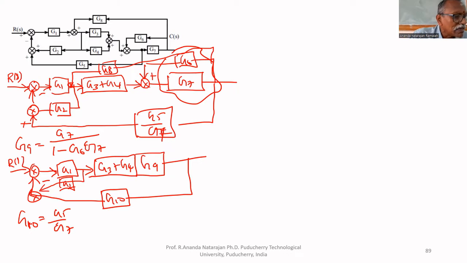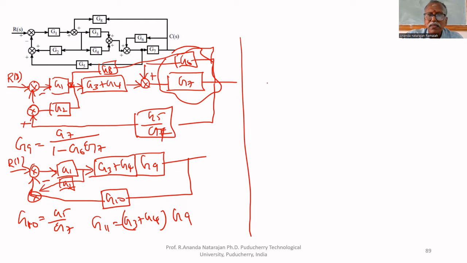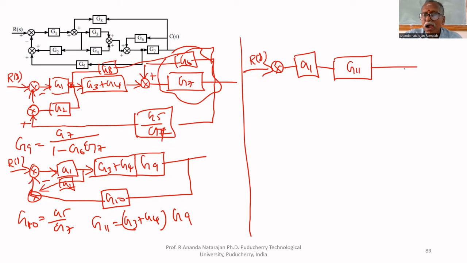This together, G3 plus G4 multiplied by G9, can be called G11. G11 equal to G3 plus G4 multiplied by G9. So what we will get is R of S multiplied by G1, G11, G2 by G11.